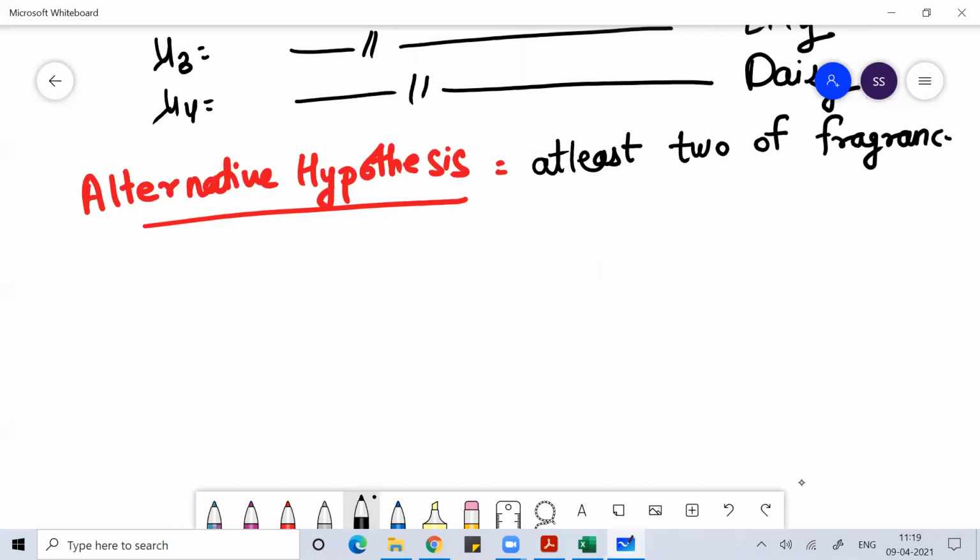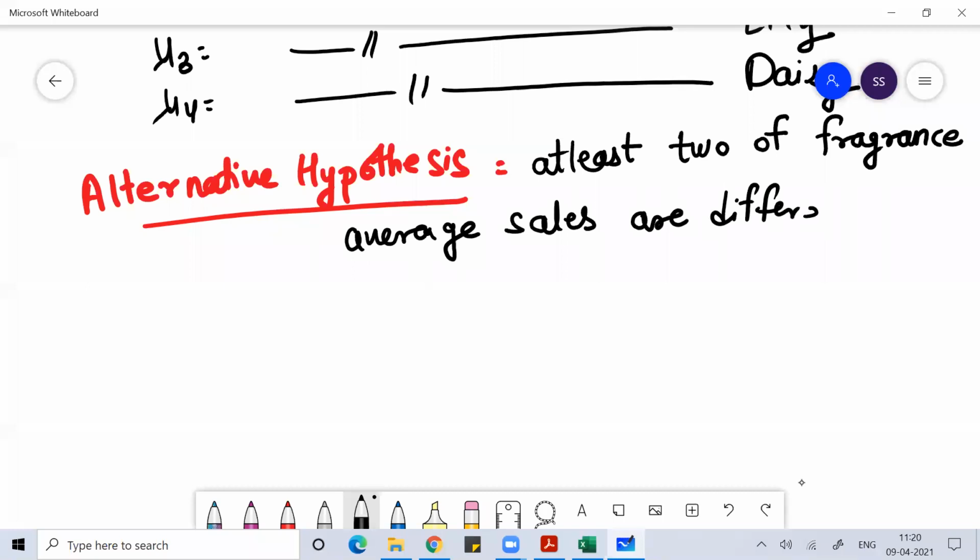You can use your own English words, no need to follow my English. So at least two of the average sales are different. I hope you're understanding. This you'll write in the alternative hypothesis.